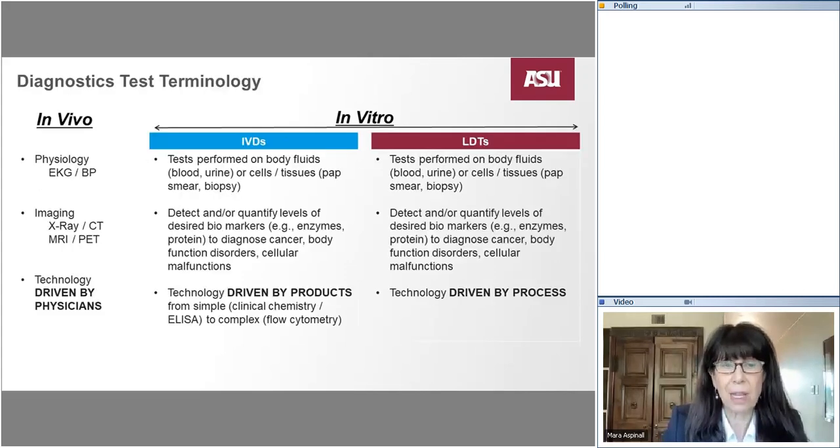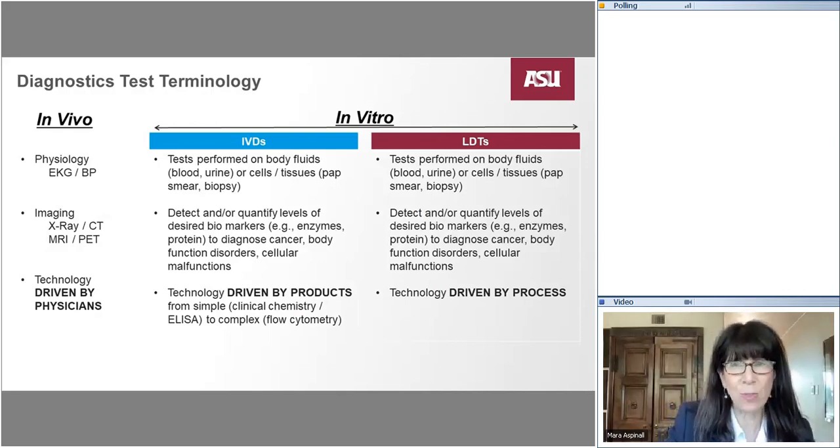So first, let me start broadly with diagnostic test technology. And as you can see on the left, there are tests called in vivo tests. Most of the time that term is not actually used, but it means in the body or live. These are tests like physiology tests, an EKG, a blood pressure monitoring.